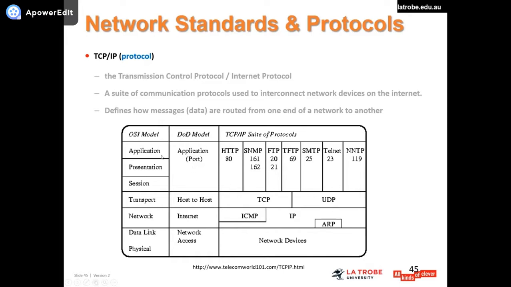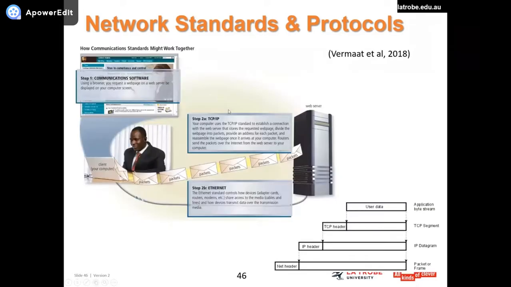This figure shows you how to use the TCP/IP protocol to transmit the information, especially across different layers. What does the package look like on different layers? That's an important part. There's Wi-Fi. For Wi-Fi, you don't need to understand details.